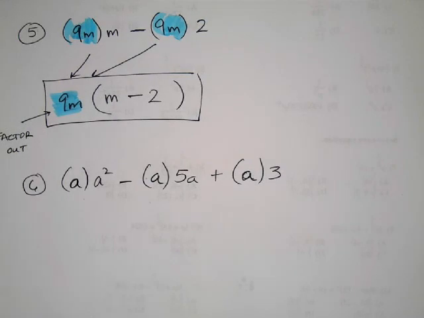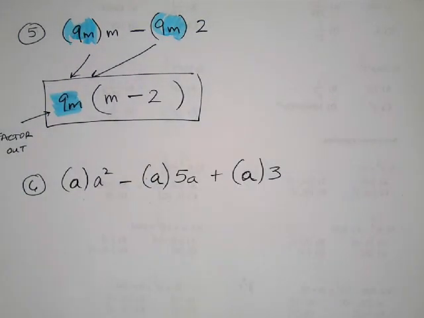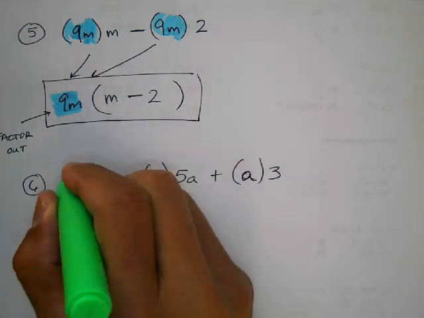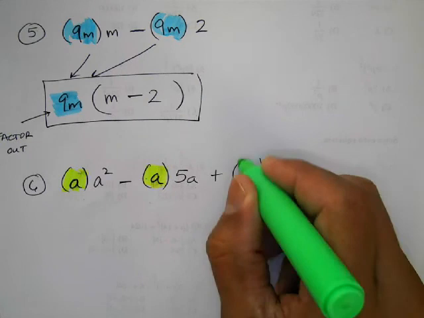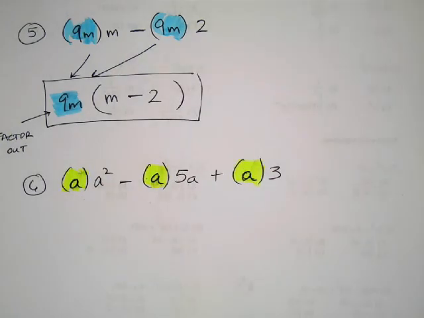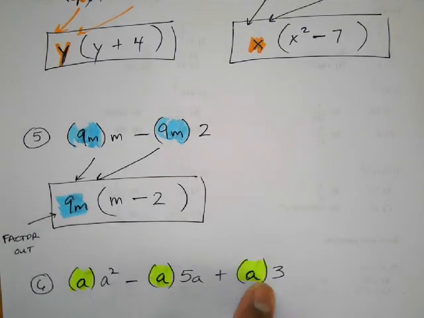But I think I'm making it really obvious, and this is what I want you to practice. What is common in these 3 terms? Well, we're writing it in what? Parentheses. A here, and A here. That is the common term.